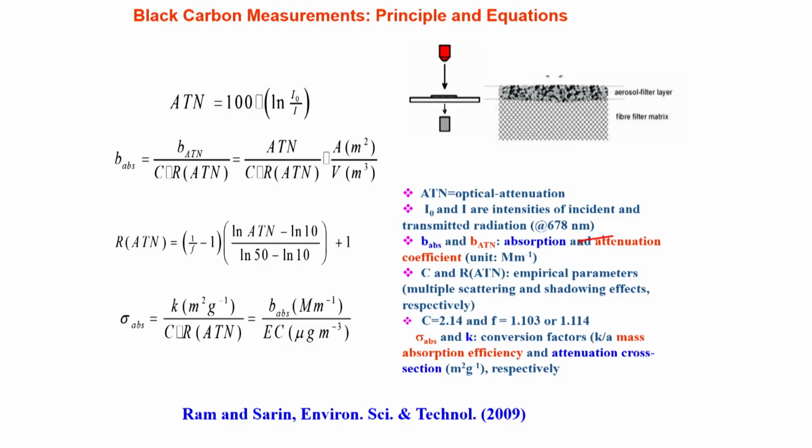I gave the example of the solution phase, that this is the solution that you have, and there is an incident radiation falling on this medium, and then you have an I that is going away from this one.